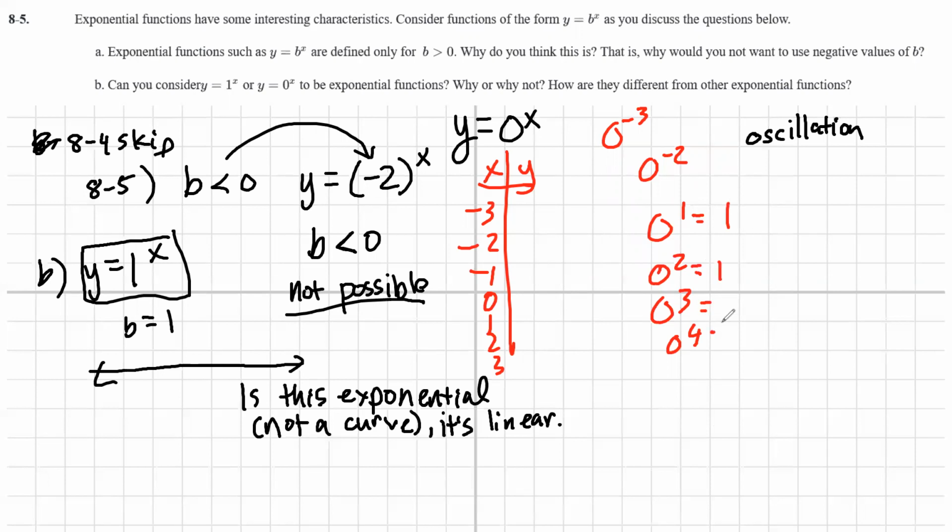All the positive ones make 0. But what about negative? What if I do 0 to the -3? What does that equal? 1 over 0, right? Is it okay to have 0 in the denominator? No, you can't divide by 0.